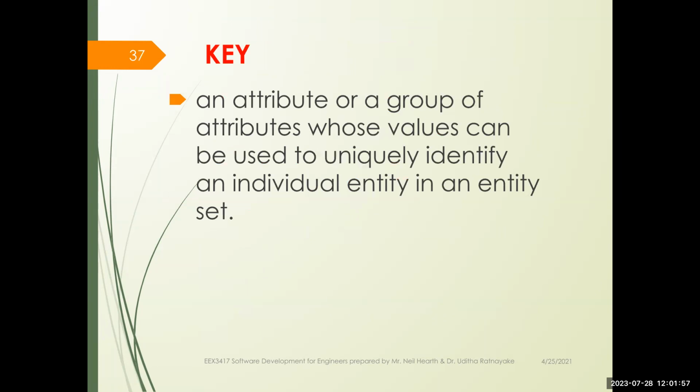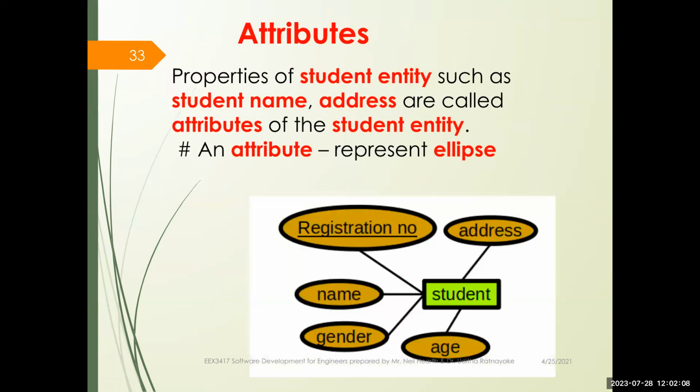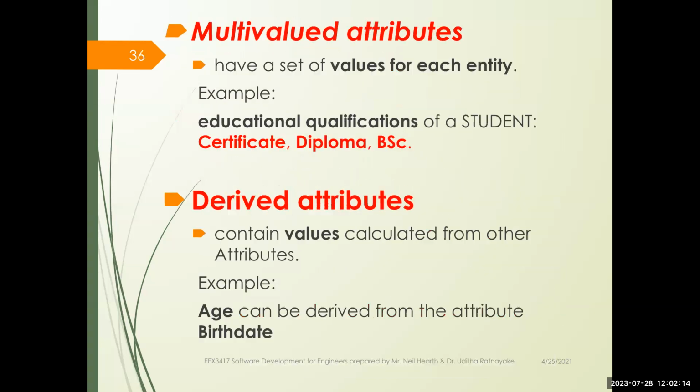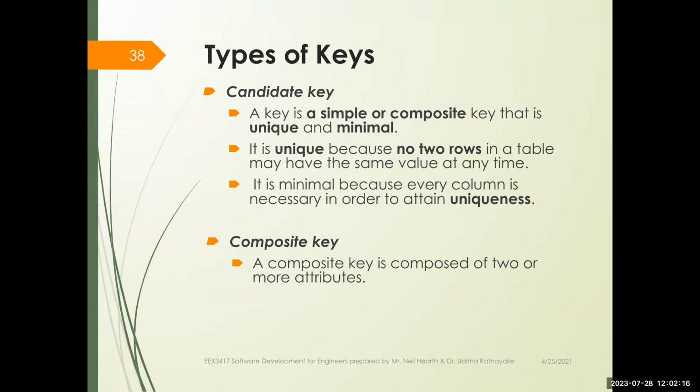Key: an attribute or a group of attributes whose value can be used to uniquely identify an individual entity. Here, the registration number is unique, so we call it a key. Types of keys: candidate key.